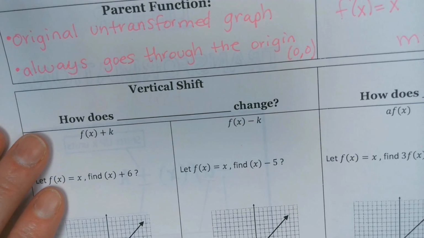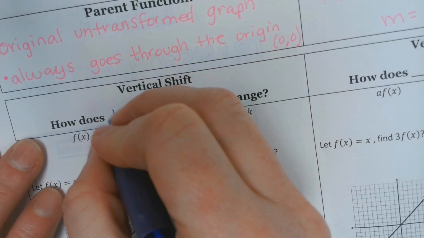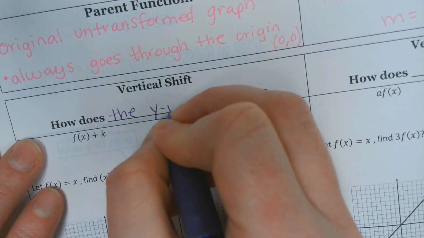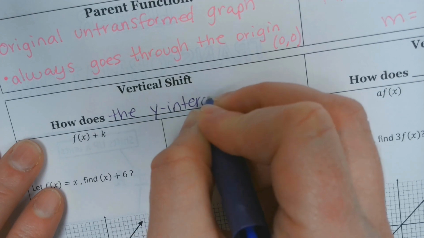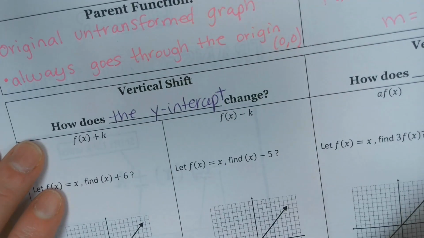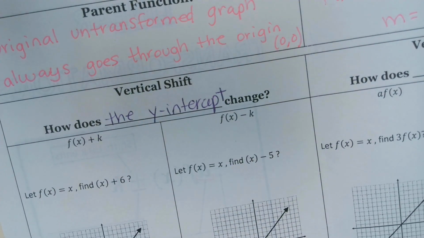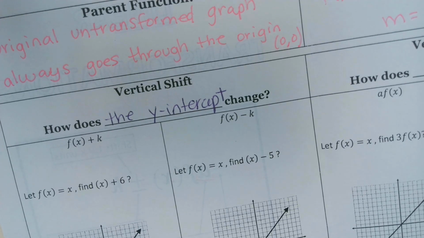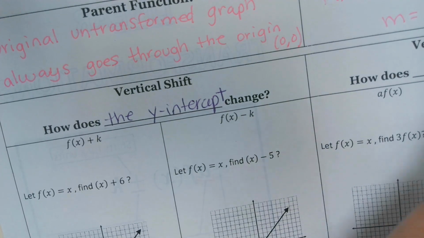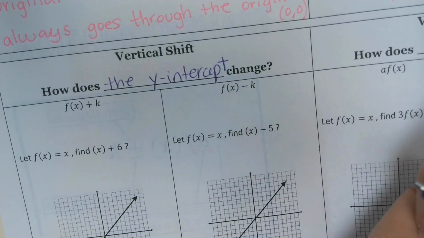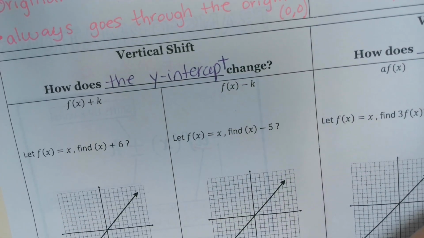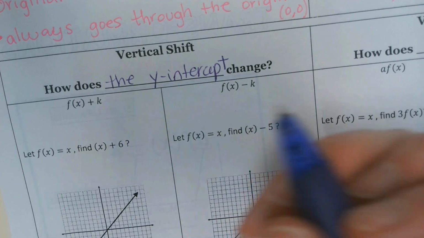How does the y-intercept change? That's what's being asked. However the y-intercept is changed from 0 to something else is how it's shifted.